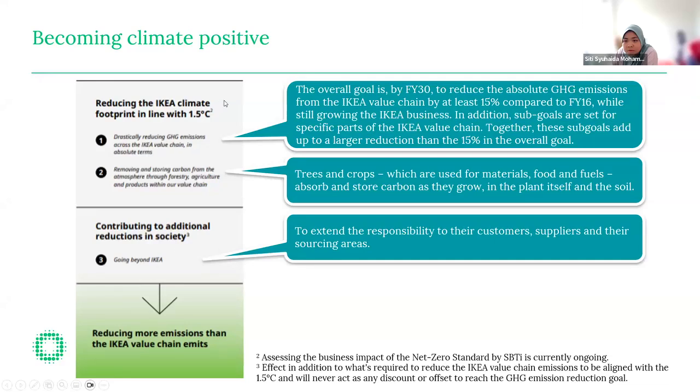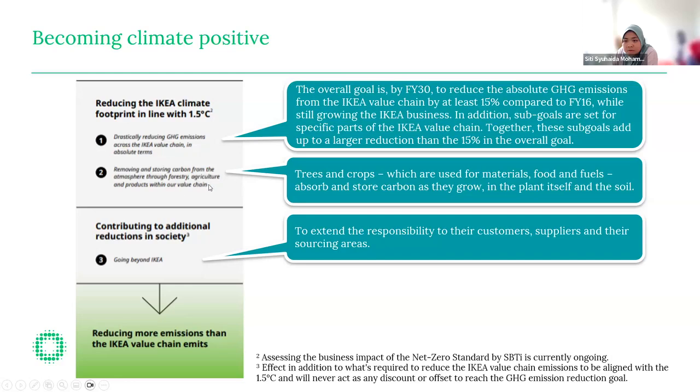They want to become climate positive. They have 3 points here. They want to reduce the climate footprint in line with 1.5 degrees Celsius. So they reduce the GHG emissions drastically across the IKEA value chain in absolute terms.